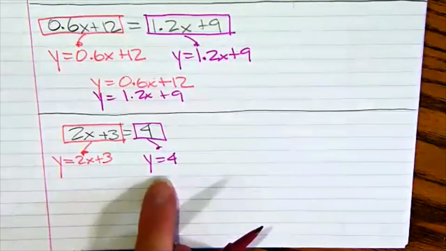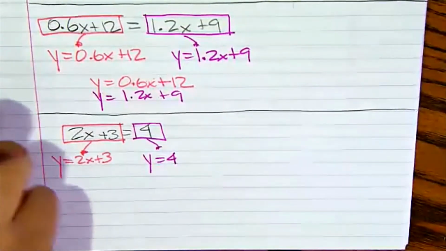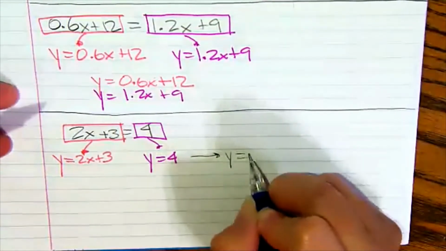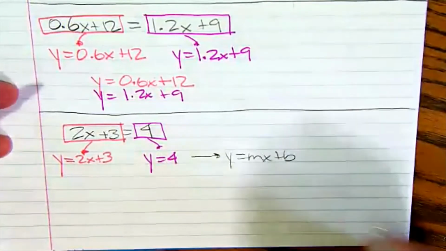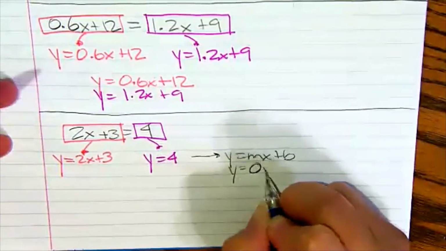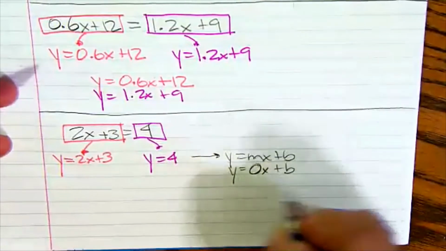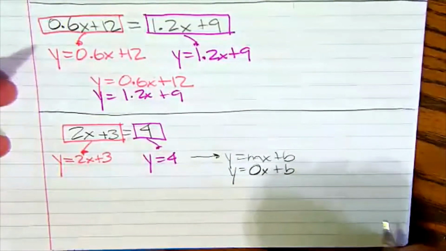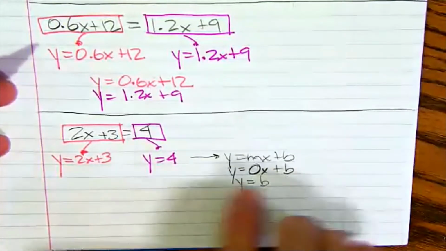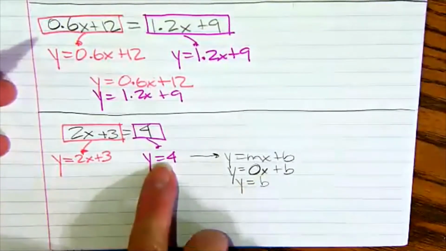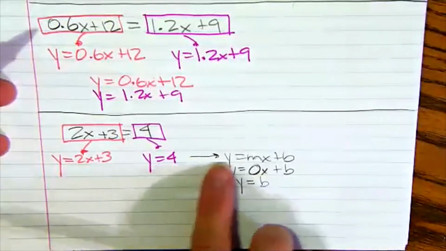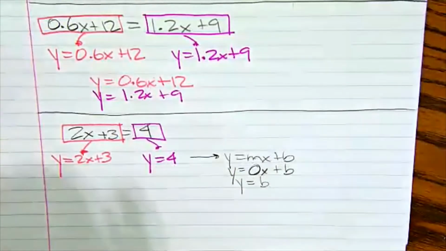Oh yeah. Remember when y equals 4? It is y equals mx plus b. It's just that our slope is 0, which makes the x term 0. So therefore, all we have is the b. So in this case, it is a flat line and there's no slope.